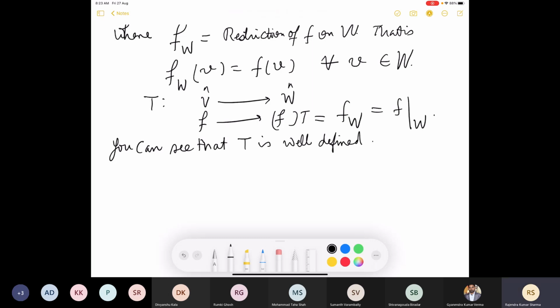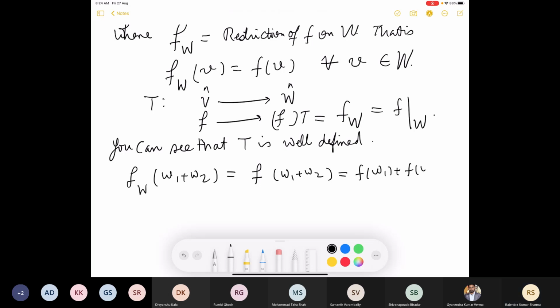So if you want to prove that this FW is in W hat, take W1 and W2, two elements. In that case, W1 plus W2 belongs to W because W is a subspace and W1, W2 come from W. So this is the same as F of W1 plus W2. Now F is a homomorphism of V into F and therefore it results in the sum FW1 plus FW2.